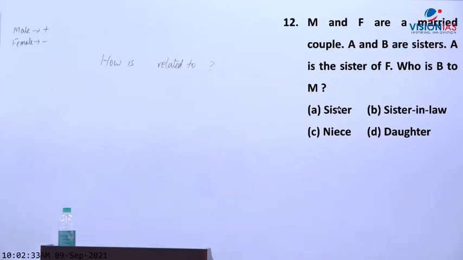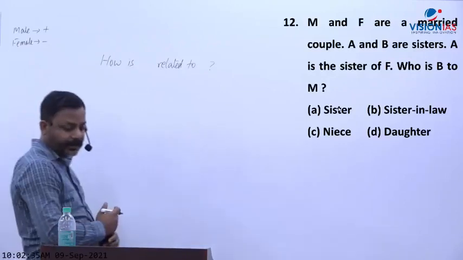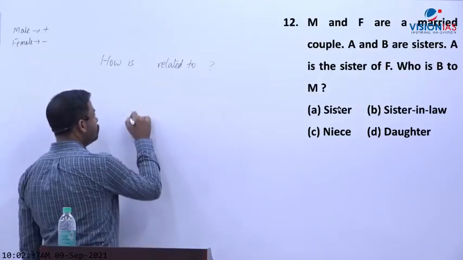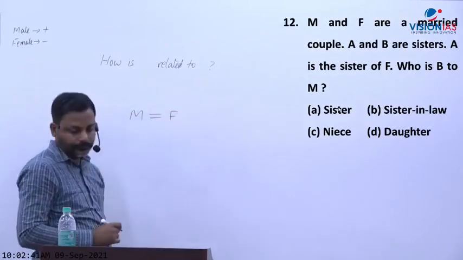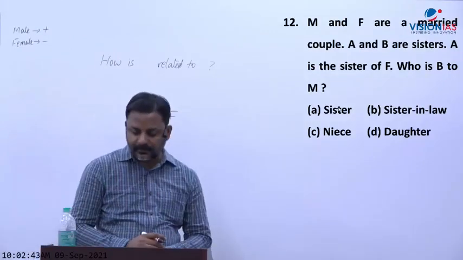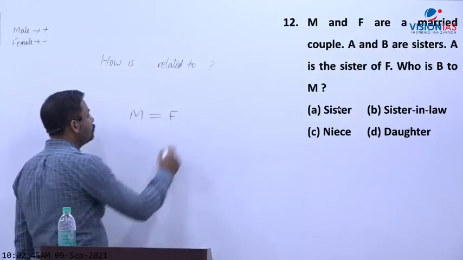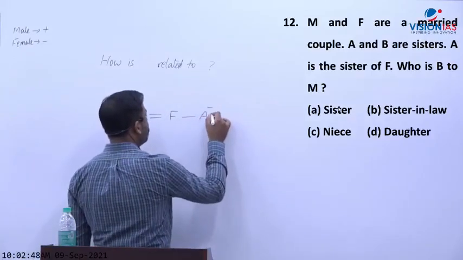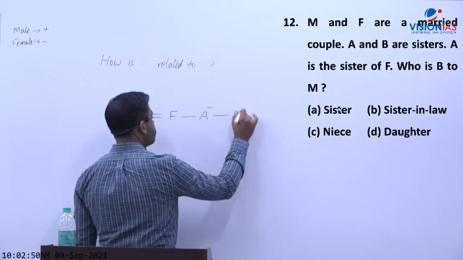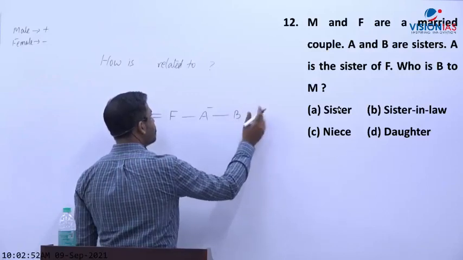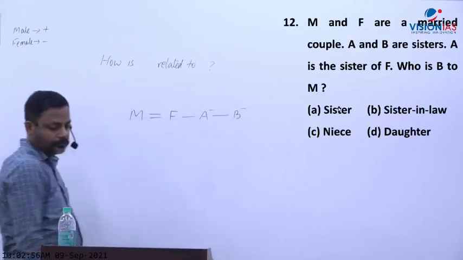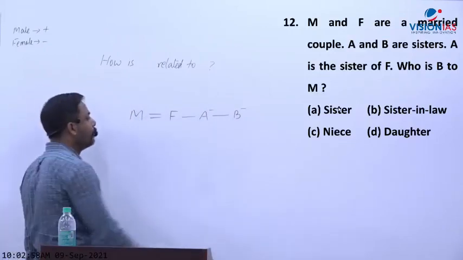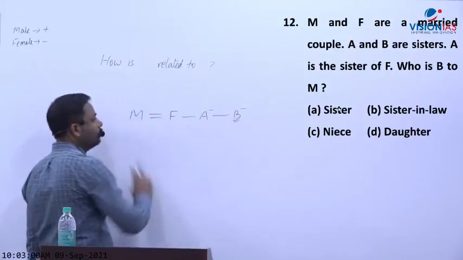Okay, yes. See, M and F are a married couple. A and B are sisters. A is the sister of F. So the question is, who is B to M?